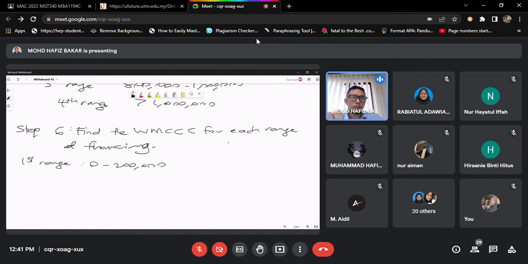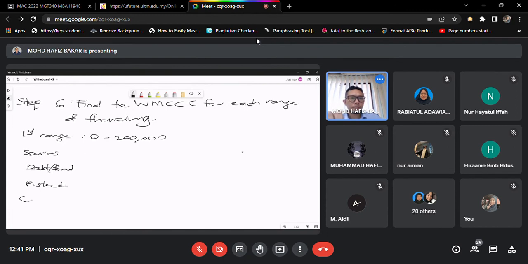You need to construct the table: sources, debt or bond, preferred stock, common equity, and then weightage. Weightage for each source of financing.